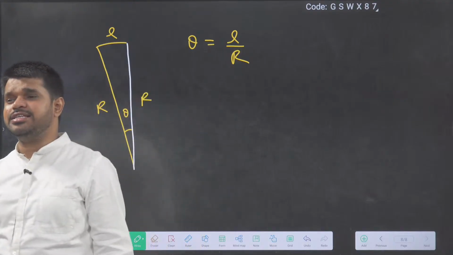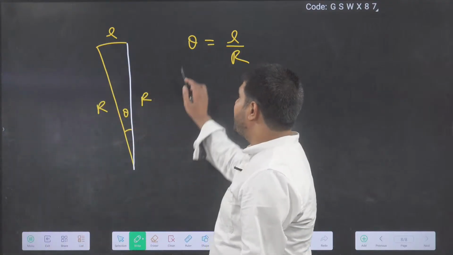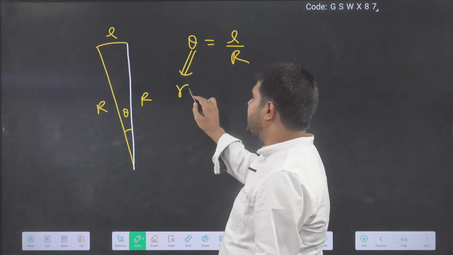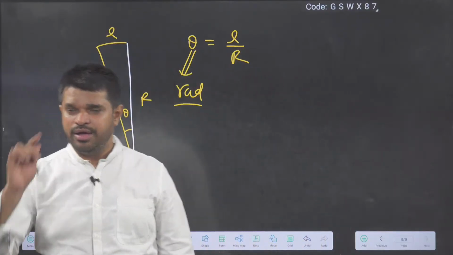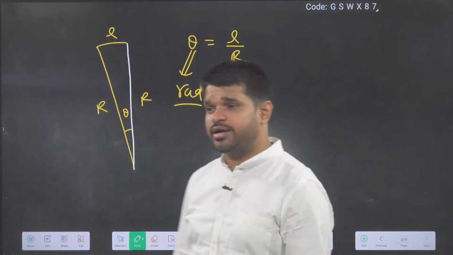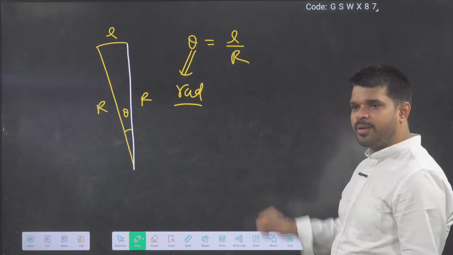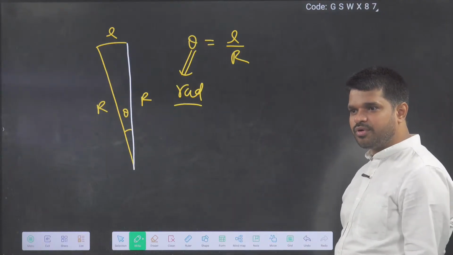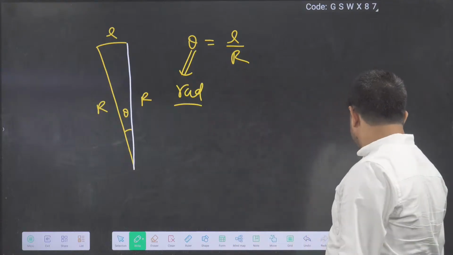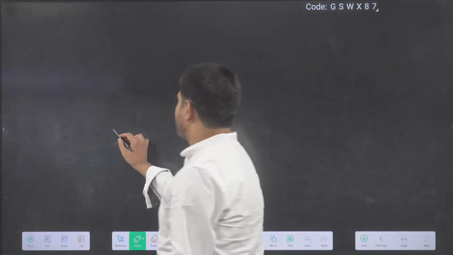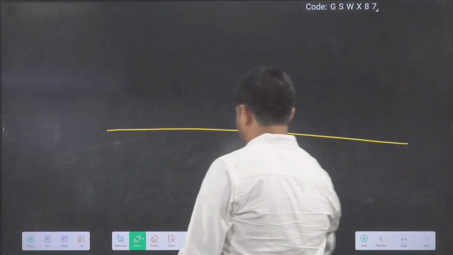Can I write theta as L by R? Yes, but theta must be in what? Radian. Remember it, I will be using it. Okay, now let's continue.